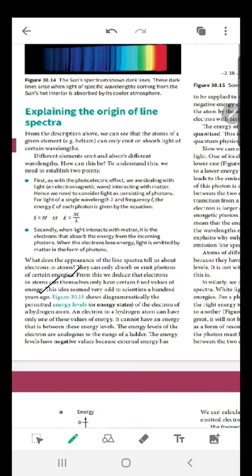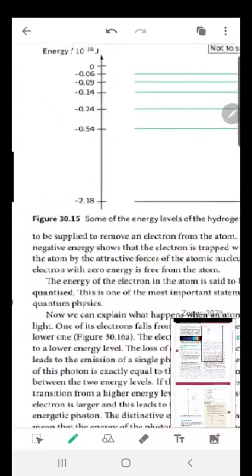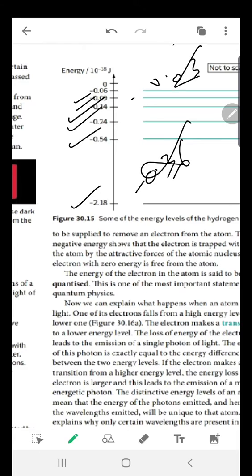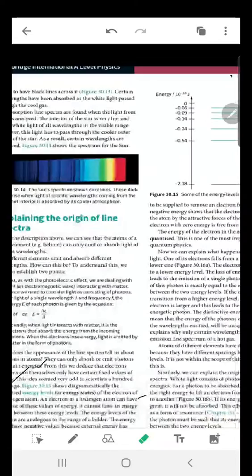This is the diagram for a hydrogen atom, okay? An electron in a hydrogen atom can have only one of these values of energy, okay? Like your hydrogen atoms will have only these energy levels. It won't have 0.03. In another hydrogen atom, you won't have 0.36. No, you won't have these values. It has fixed energy levels, okay?